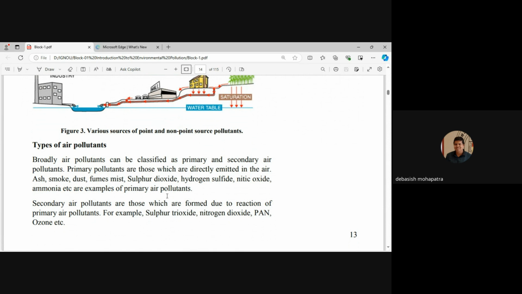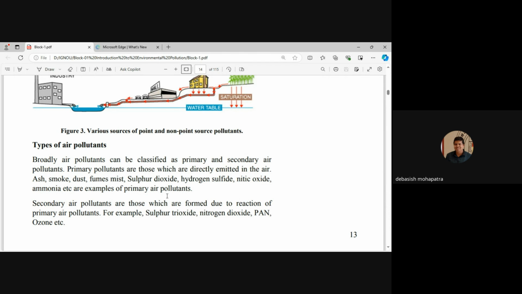For example, the pesticides and fertilizers were applied in the field for agriculture. But when the water runs from that field to the nearest water body, it takes the pesticides and fertilizer with it and pollutes the water body.